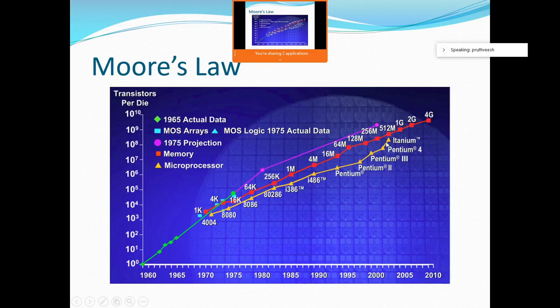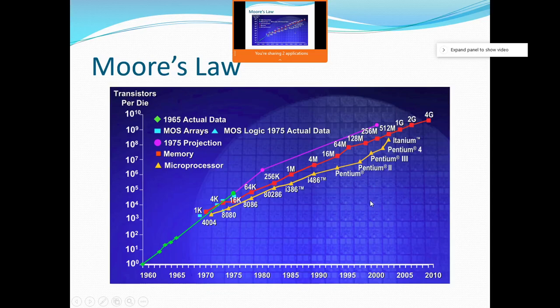For microprocessors, you cannot achieve as much density as memory because memory doesn't require a complicated circuit, whereas for microprocessors you need to have so many other connections also. That's why you cannot achieve that much. This is the expectation. This is the memory achievement. This is the processor achievement. You can see that's the difference here. You could not achieve the way you mostly expected, but it is certainly moving in that direction.